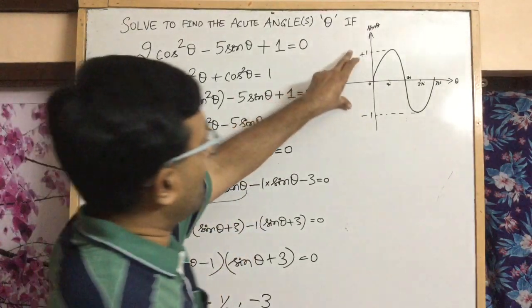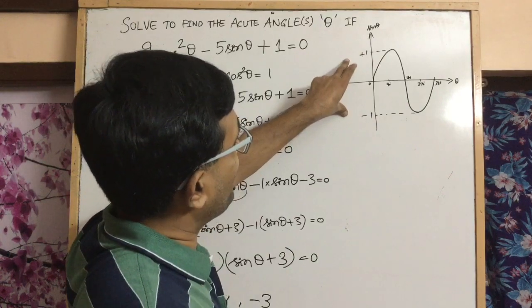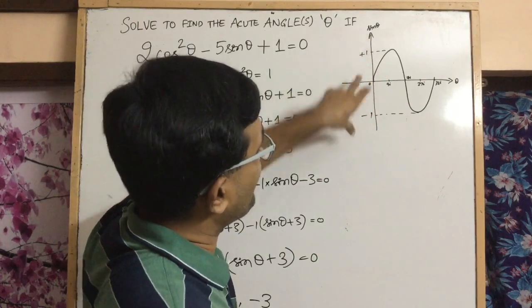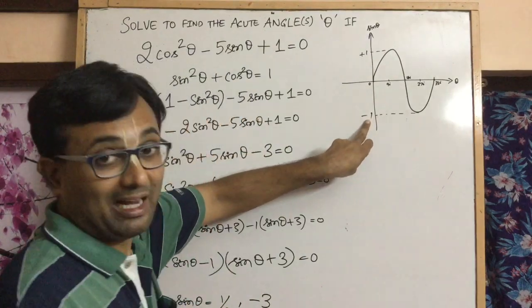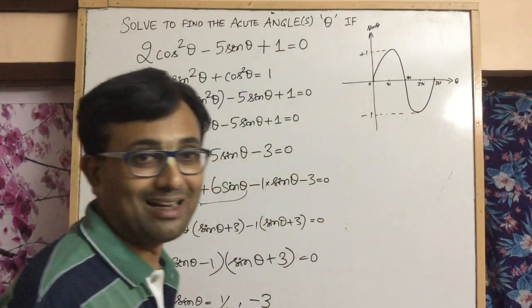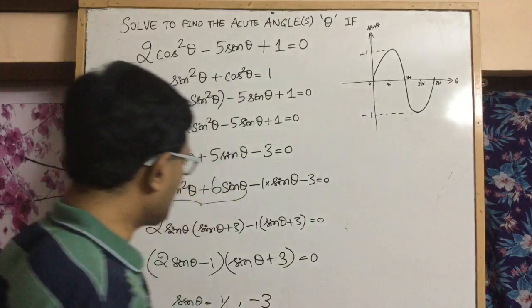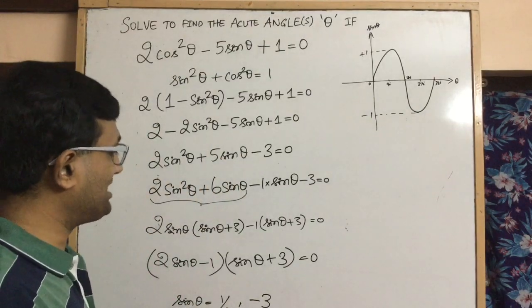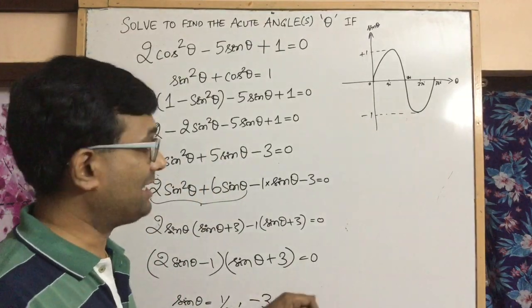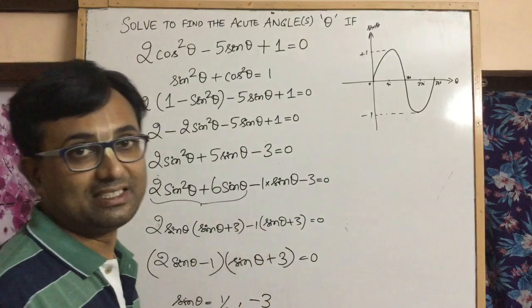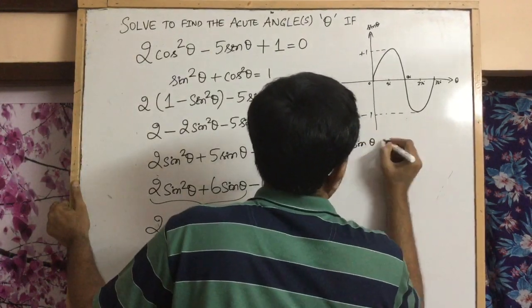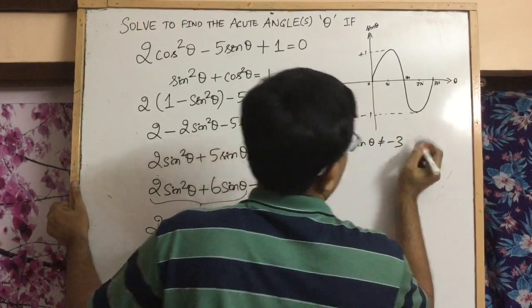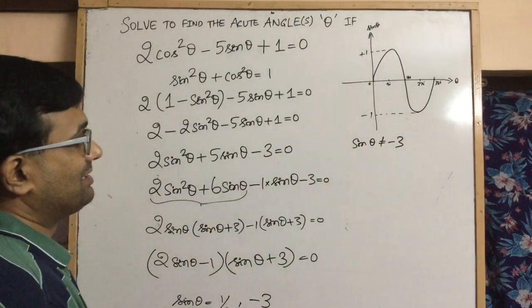Now, from this graph, it's pretty evident that there is no value of theta such that sin theta is equal to minus 3, because it doesn't go below minus 1, and minus 3 is less than minus 1. So sin theta cannot be equal to minus 3 based on this graph.